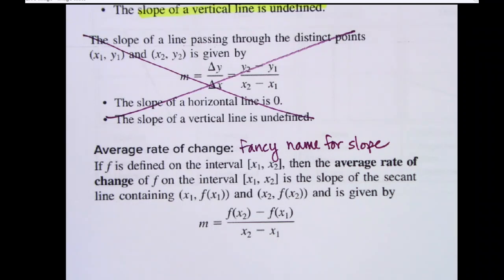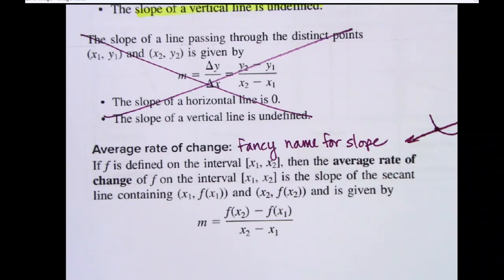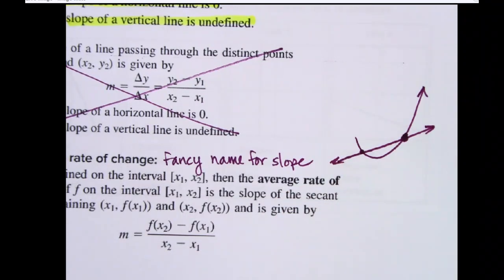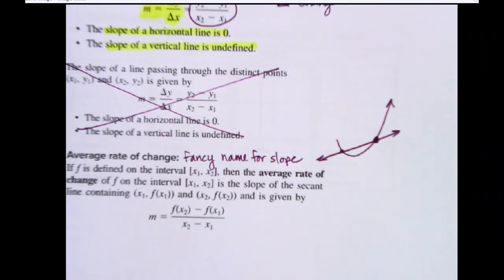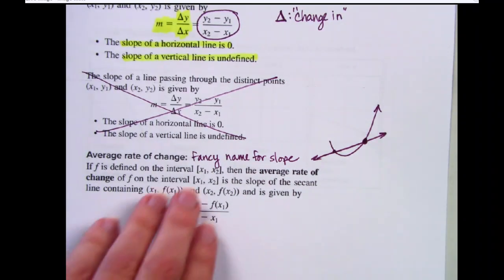So when they ask you for the average rate of change, even if it's on a curve, can I find the average rate of change between those 2 points? For sure. So it's just asking you to find the slope between any 2 points.